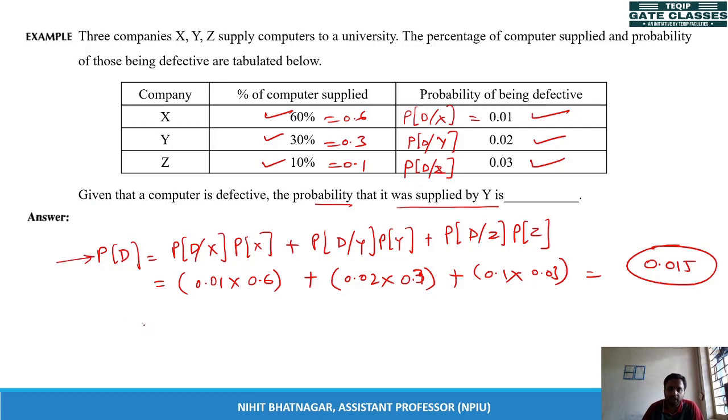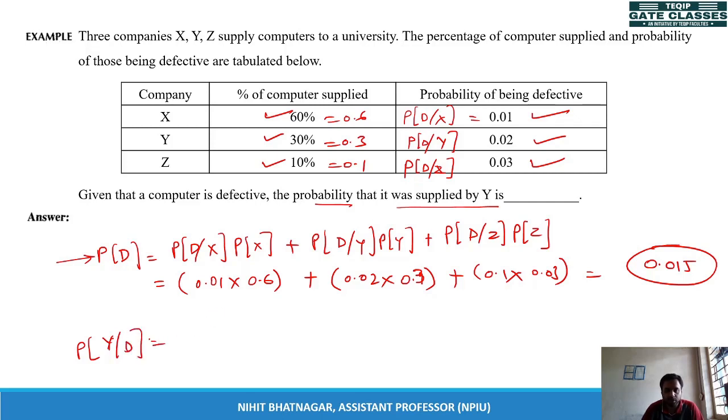Now the defective item was received at the university, but it was supplied by company Y. So we have to find P(Y given D).